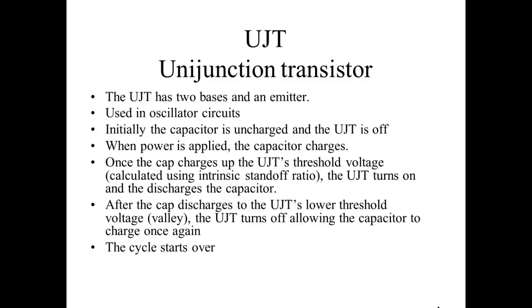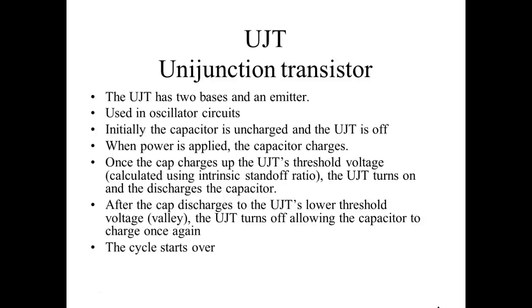And this is the last thing we'll look at, and we'll just take a glimpse into this, and we'll let y'all go. This is a device called a UJT, a unijunction transistor. The leads on it are kind of strange.